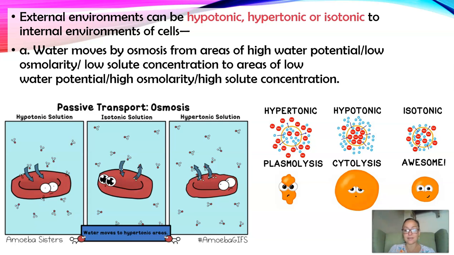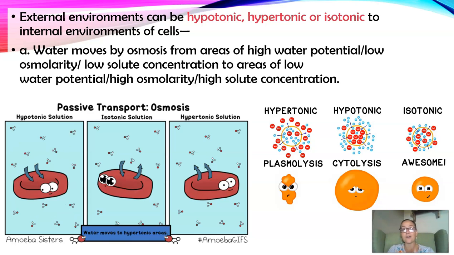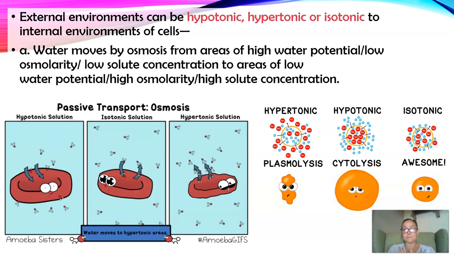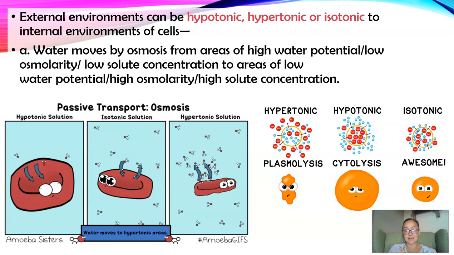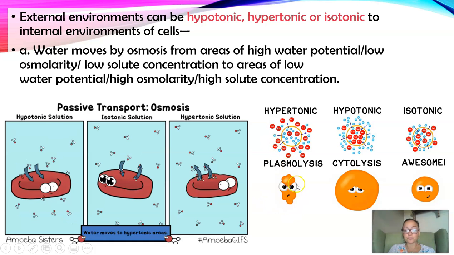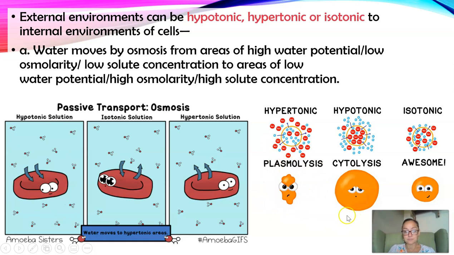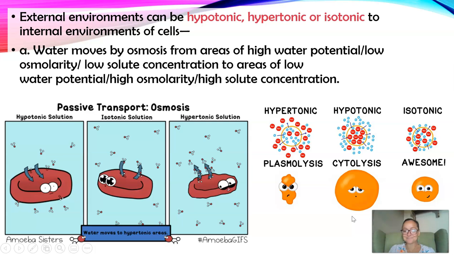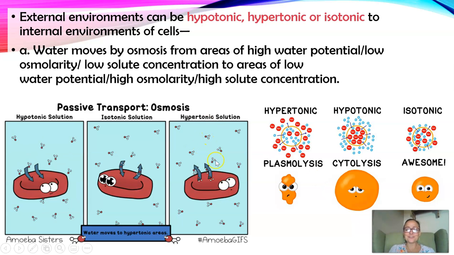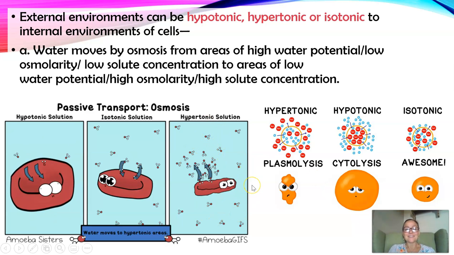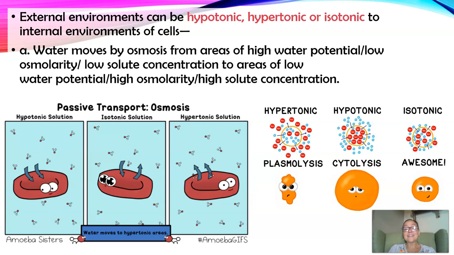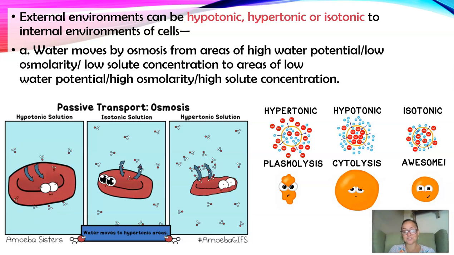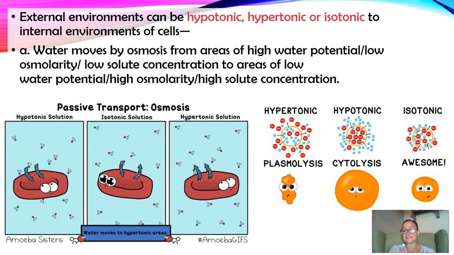The net movement, as water is moving both in and out, because it is passive transport, you're going to have a majority of water leaving the cell, resulting in the cell shriveling, which is called plasmolysis. You can see that on the GIF on the right. The water has a net movement out, which results in the cell shriveling. This is due to a high concentration of solutes in the environment.